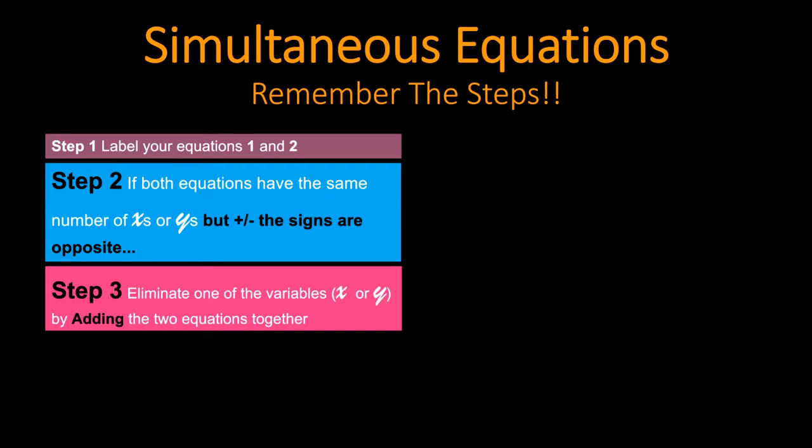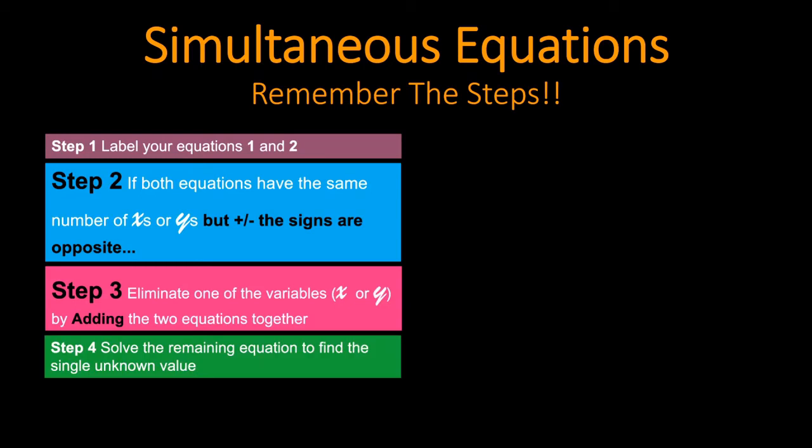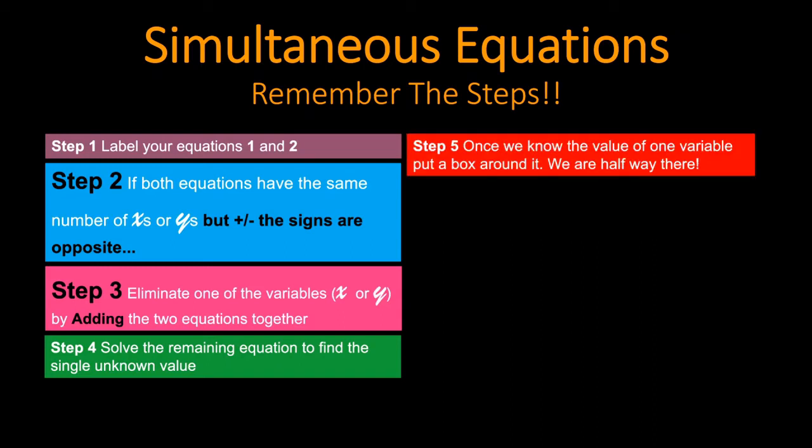Remember in our introductory lesson, we were subtracting the equations from each other. Step 4, we're going to solve the remaining equation by finding the single unknown variable. And step 5, not really a step of working, but recognize that we have half of our answer. So write that answer out, put a box around it so it's nice and clear and easy to follow, and move on to step 6.